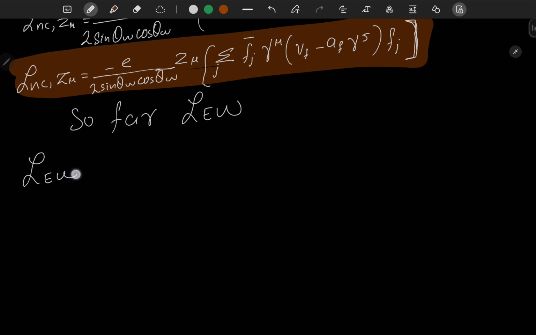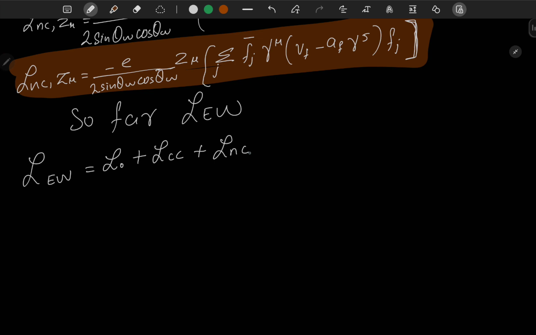So the Electroweak Lagrangian: first we had the Dirac free Lagrangian. It feels good to write because we spent too much time on this. Then we got a charged current term mediated by the W plus and W minus.